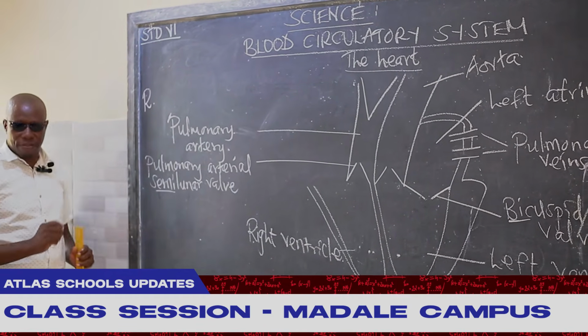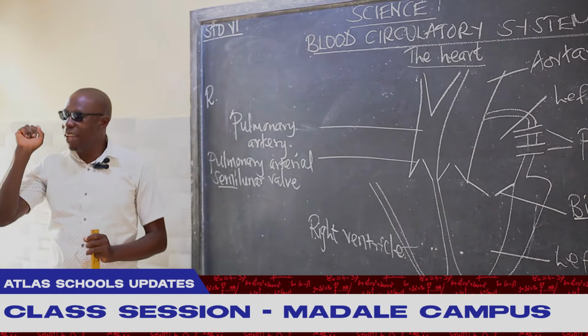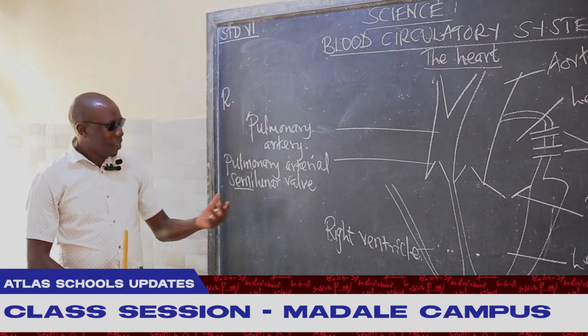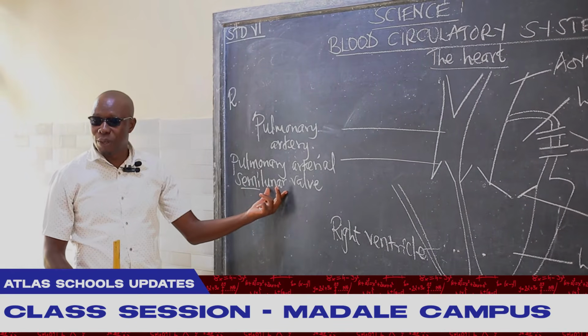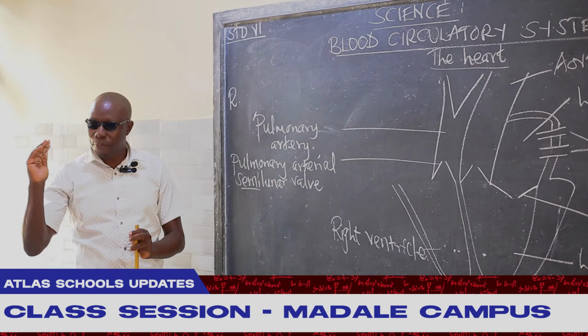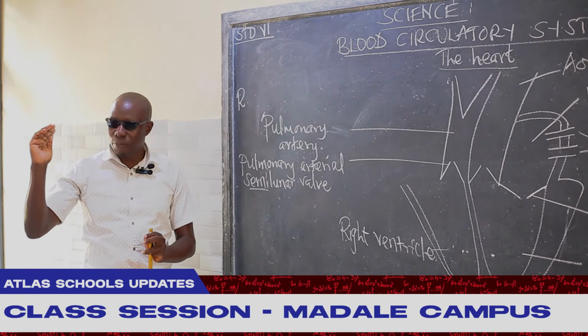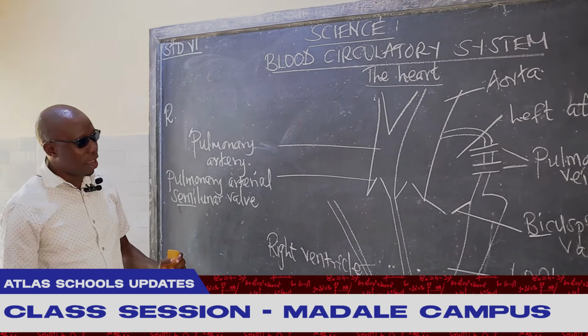Semi means half. Lunar has to do with the moon. So it takes the shape of a half moon, like this. That is the pulmonary arterial semilunar valve.